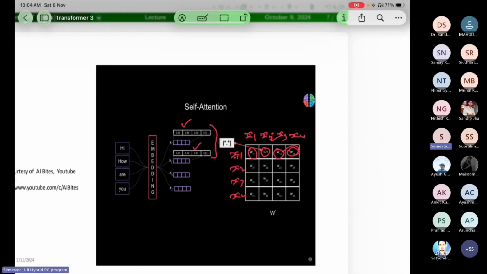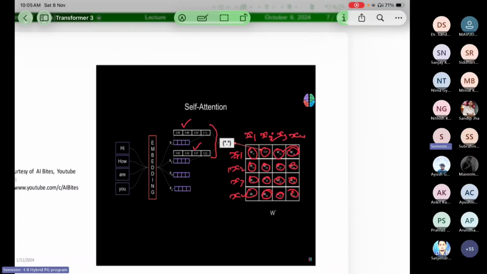In a similar manner, I am finding the correlation of x2 with respect to x1, x2, x3, x4. You can see here these are the values. In this manner, I am finding the correlation of every vector with every other vector in that set.